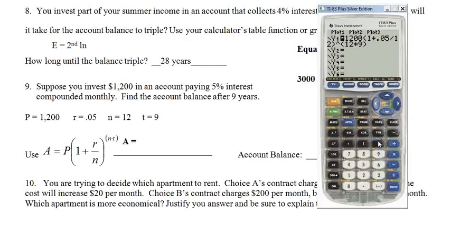That's what it looks like, whether I put it in the y equals or the regular part.